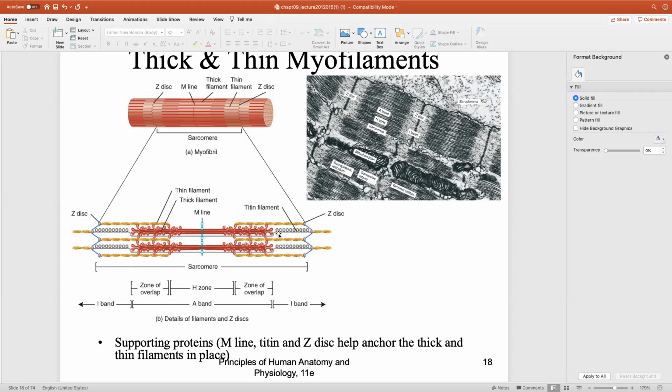The I band is a region that is void of the thick filament. The I band is just thin filament, and thin filament is thin, so more light can go through, and it appears lighter. That's what we see here. The lighter I band is only the thin filament. And now you have the Z disc that bisects the I band right here.